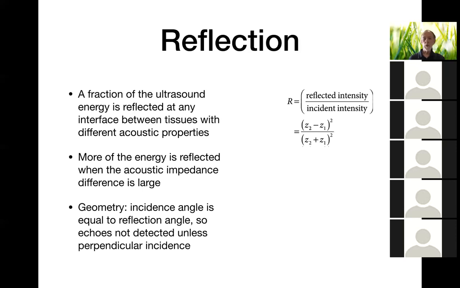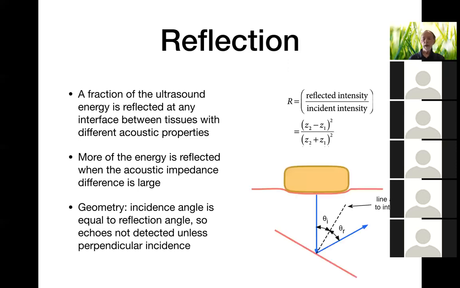The other important thing to say about reflection is that it has a specific geometry, and it's exactly the same as it is with light. If I look at this diagram, what I've done is drawn a dotted line, a reference line that is perpendicular, in other words, at right angles to the tissue, and I've drawn it at the point where the reflection is occurring.